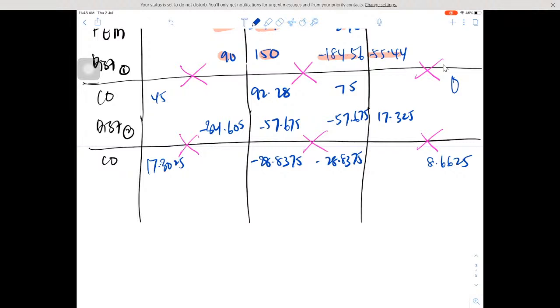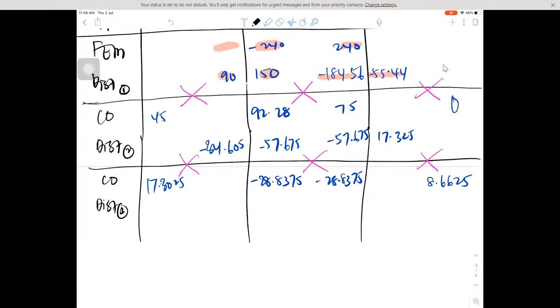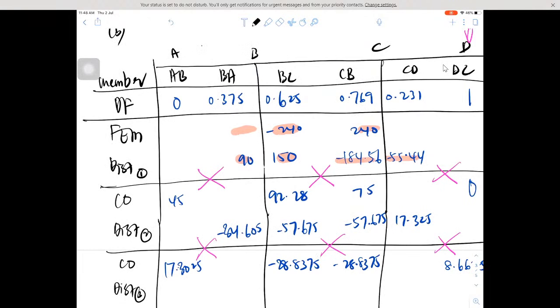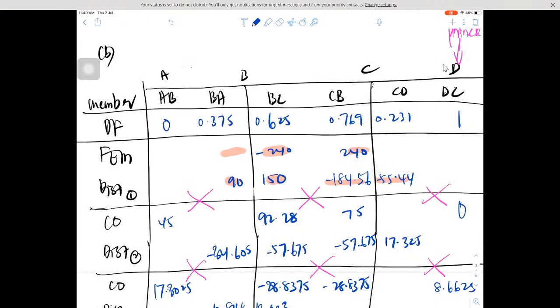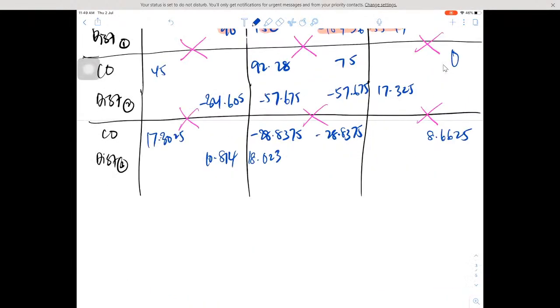Okay, next we go to distribution number 3. 28.8375 times distribution factor 0.375, we get 10.814. Then we get 18.023. 28.8375 times 0.769 is 22.176.